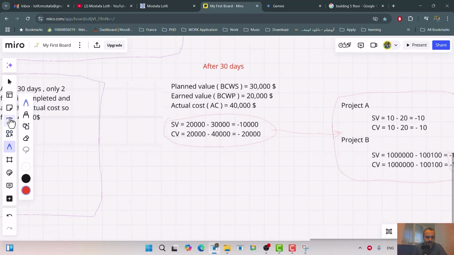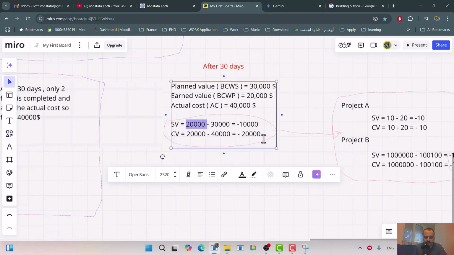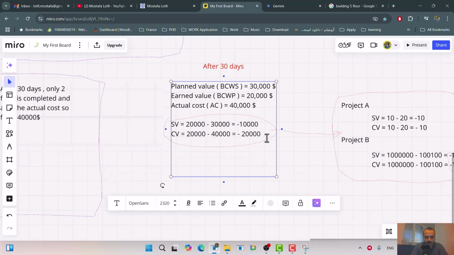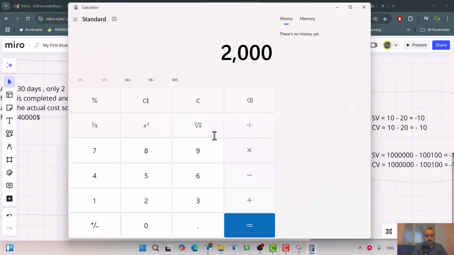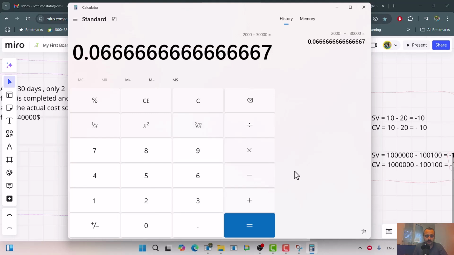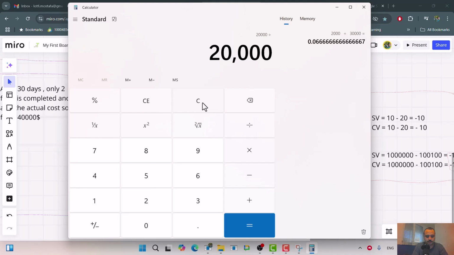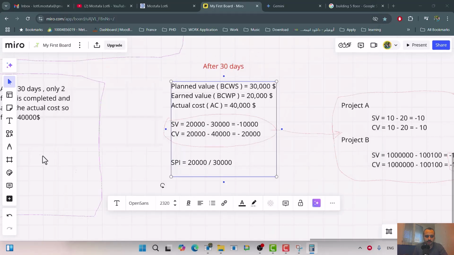So let me calculate this for our case. We have SPI, schedule performance index, equal to earned value, which is 20,000, divided by planned value 30,000, and the result is, calculator, 20,000 divided by 30,000, 66%.